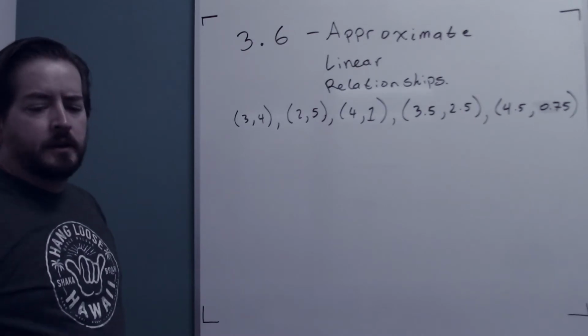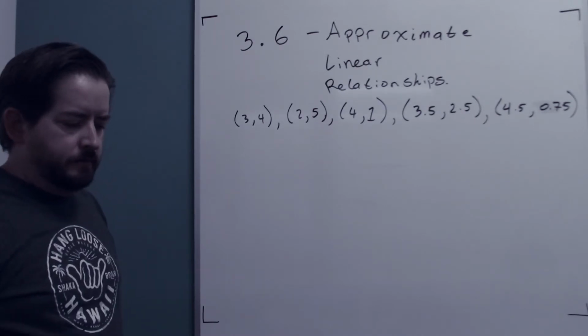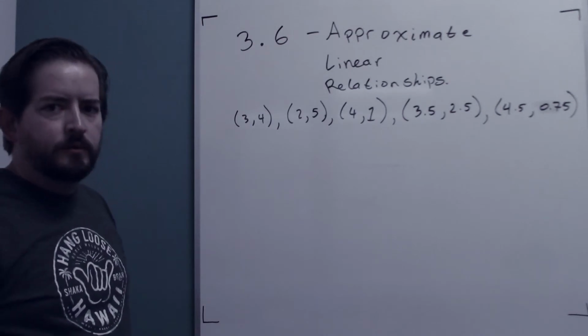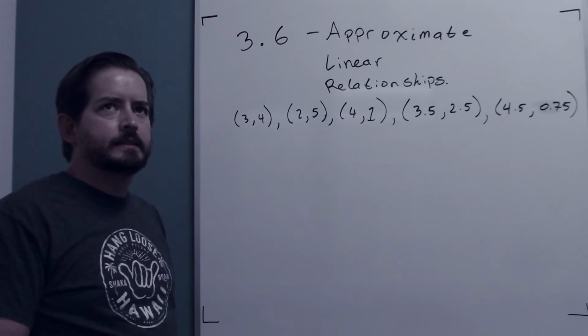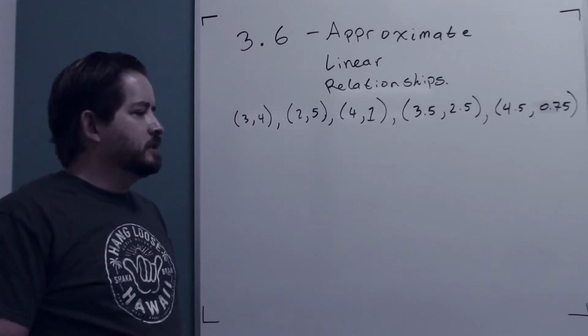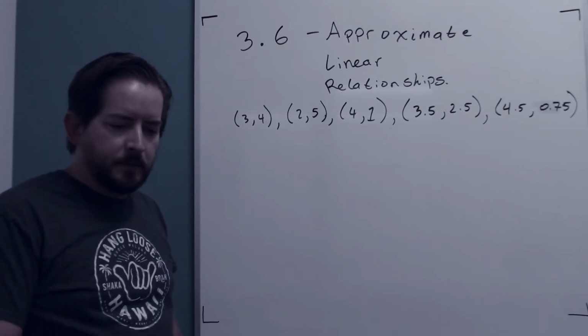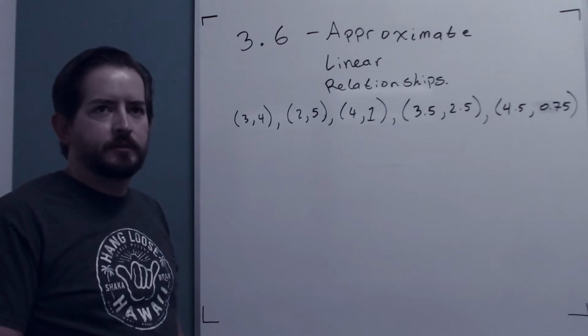So the reality of working in math in the real world is that nothing really follows a straight line all the time. We're approximating most of the stuff that we see.